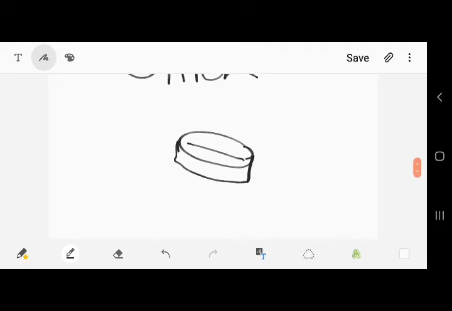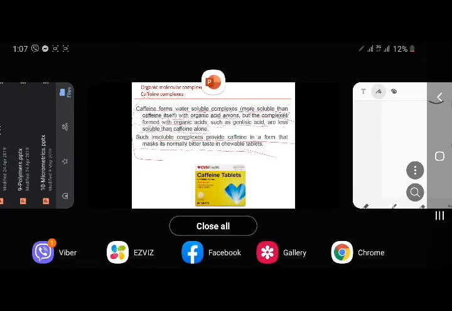So how can we have a tablet which is caffeine? I am sure all of you have had caffeine tablets. I think it's available in stores. I think it's in a metal box. I'm not sure. But why are these caffeine tablets not bitter?